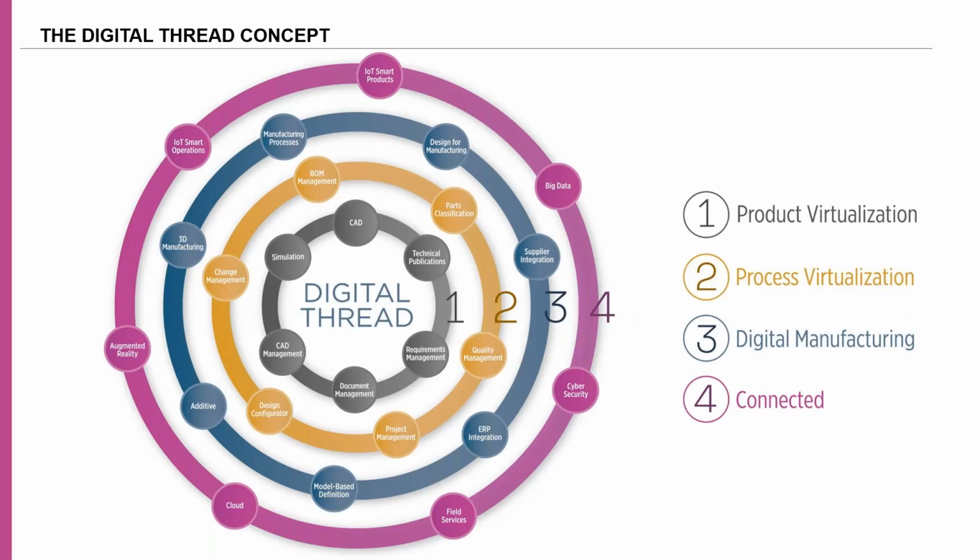This is basically what we live by as a company. Digital thread is a comprehensive approach to the application of the PTC software suite, and it's relative to the intersection of individual applications like Creo and where they're utilized in the manufacturing process.